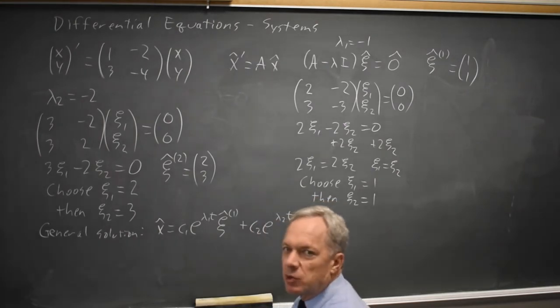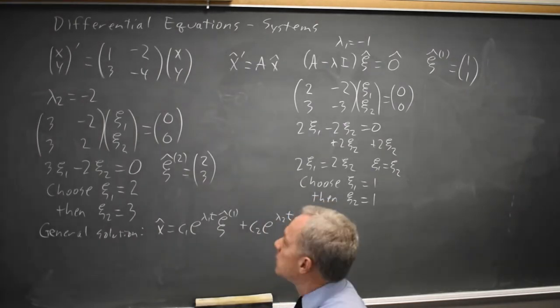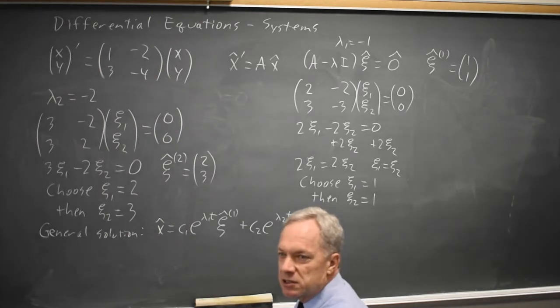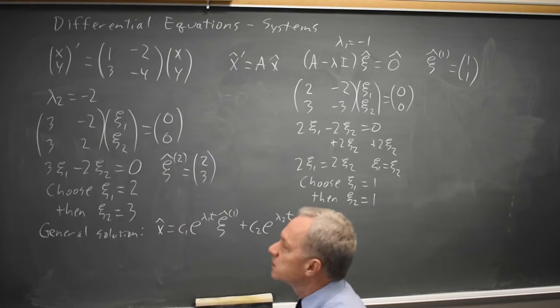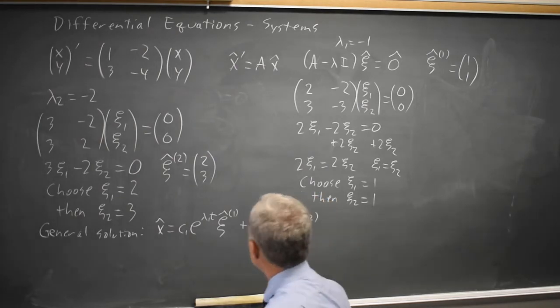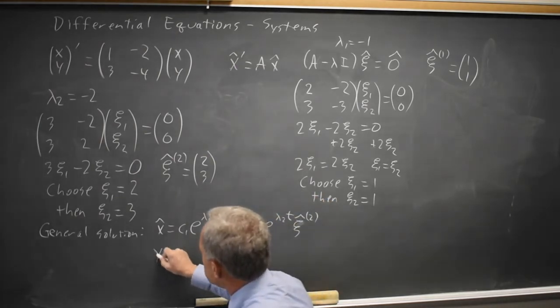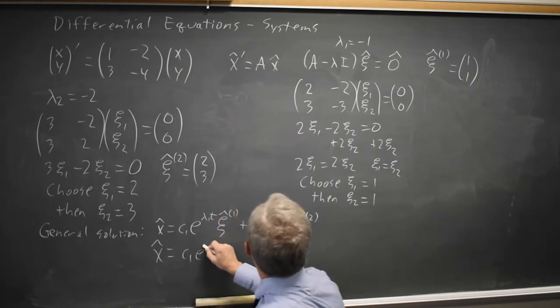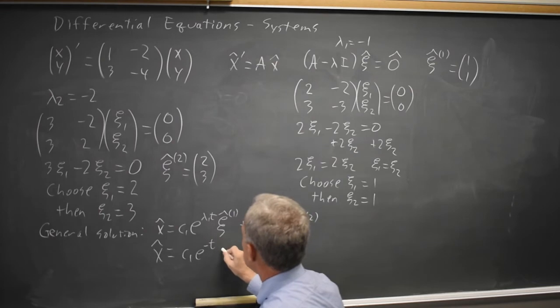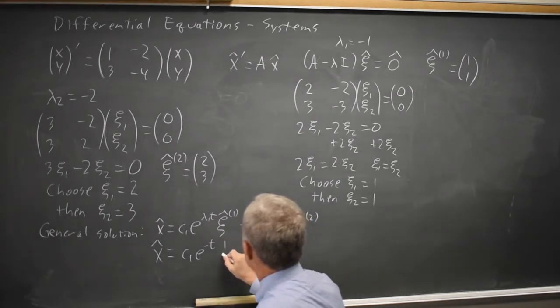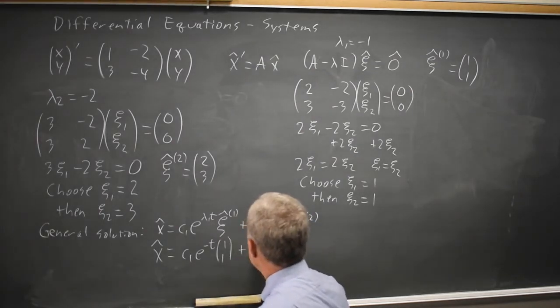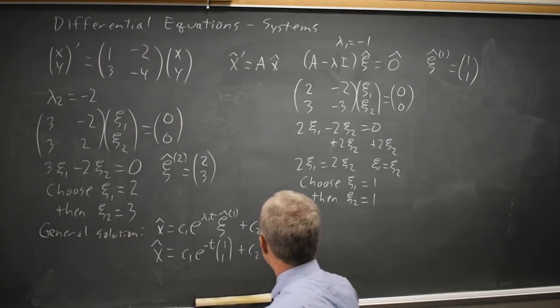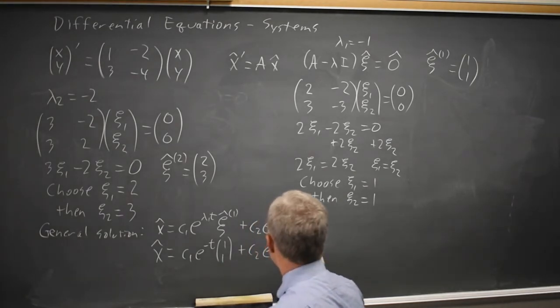So the work of solving homogeneous linear systems of equations is all in the process of finding eigenvalues and eigenvectors. So this solution is x vector is c1 e to the -1t times the vector 1, 1 plus c2 e to the -2t times the vector 2, 3.